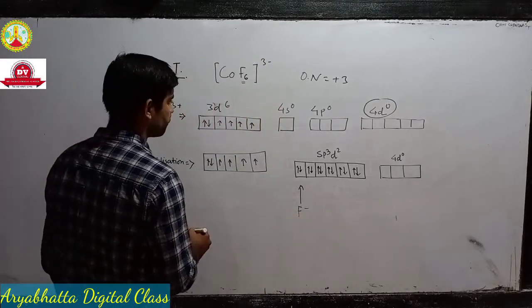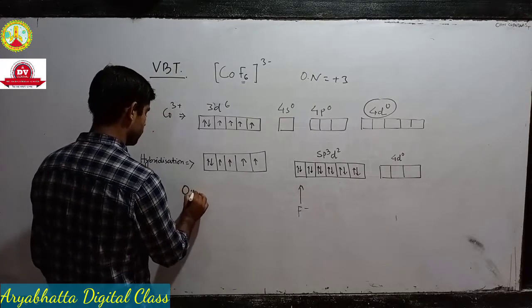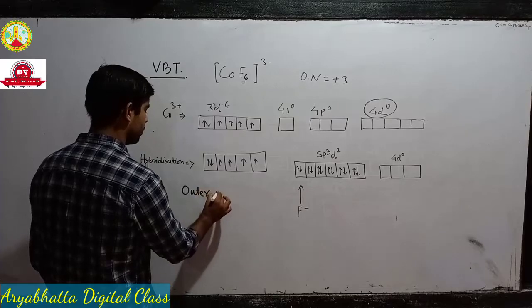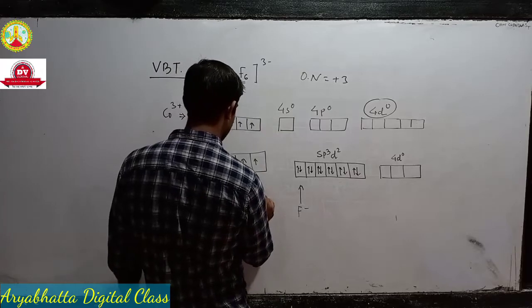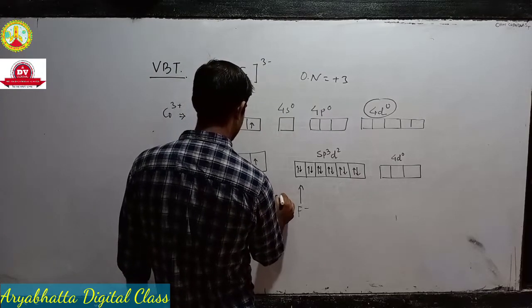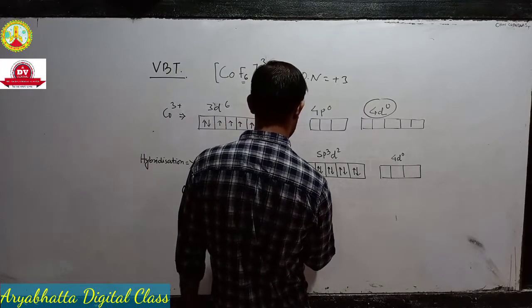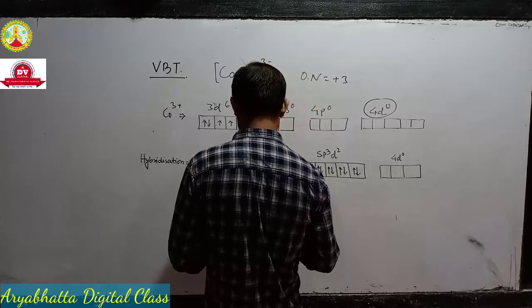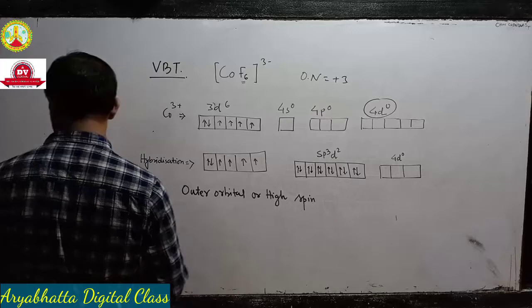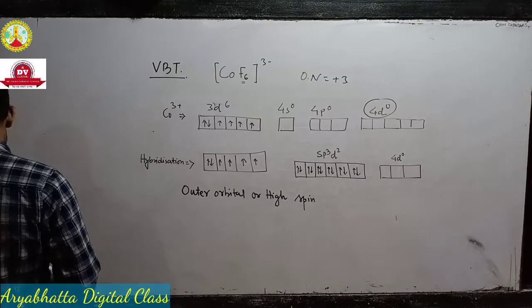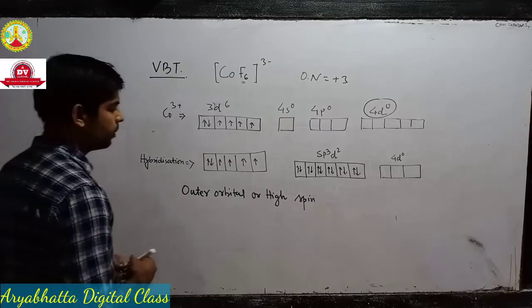This type of complex is called an outer orbital or high spin, or spin free complex.